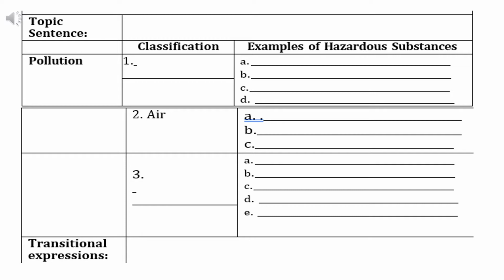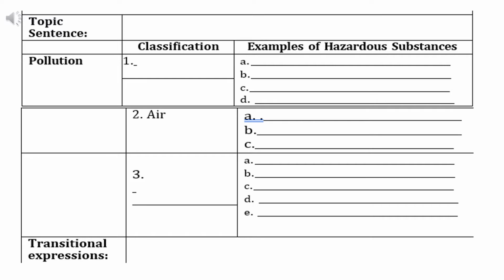Okay? Then we have here the examples. So the second part of an exemplification or classification paragraph is the examples or illustrations. Under examples, we have the examples of hazardous substances under each classification. For land pollution, we have garbage, pesticides, heavy metals, and other chemicals.